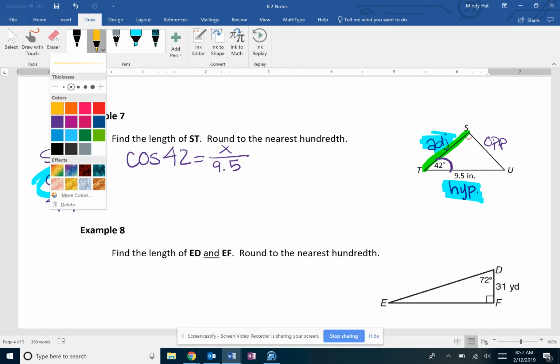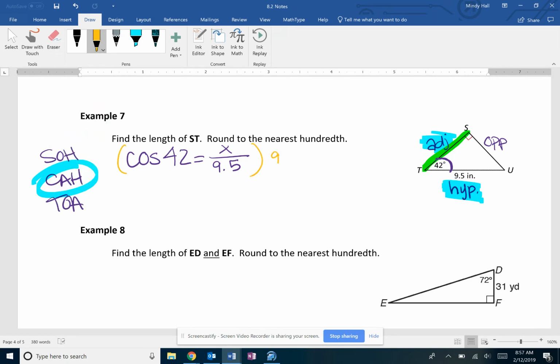To solve this, we're going to multiply both sides by 9.5. So we have 9.5 times cosine of 42 equals x. When you put it in the calculator, you should get that x equals 7.059, which would round to 7.06, and this is inches.